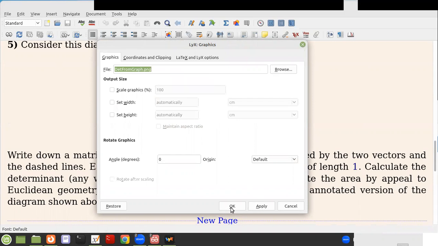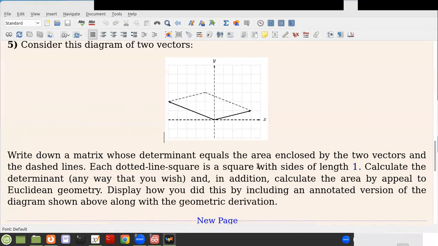Also, what you're going to do in this particular problem is find the determinant. We write down the determinant that calculates the area enclosed by the 2 vectors here in the dotted line, and then you're going to take this image, perhaps from the file in the folder, and annotate it. If you don't change the name, just annotate it and save it back with the same name.